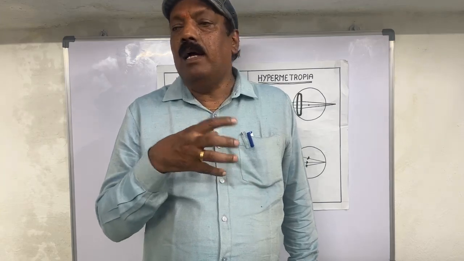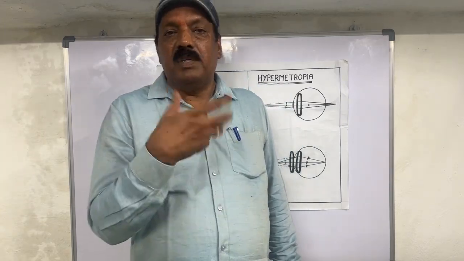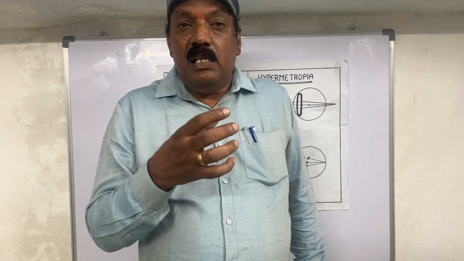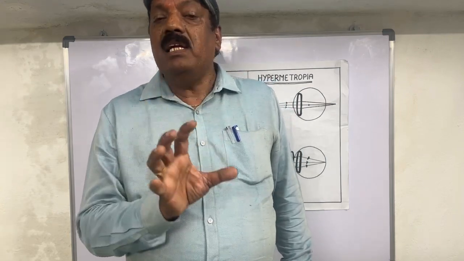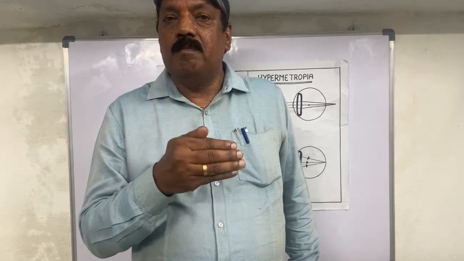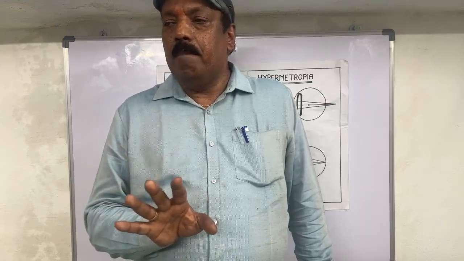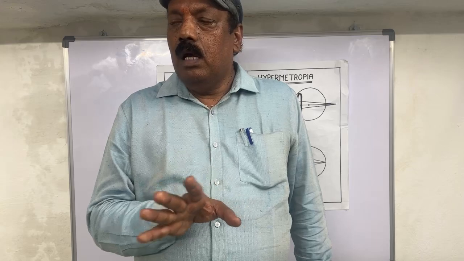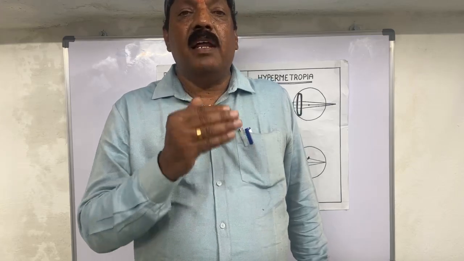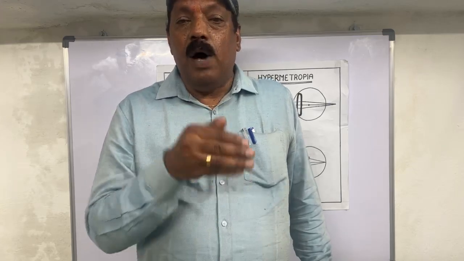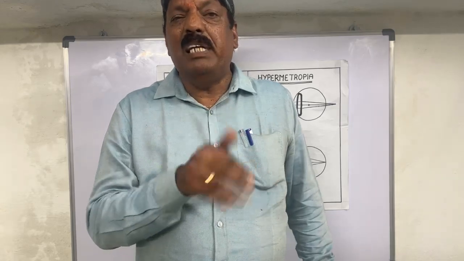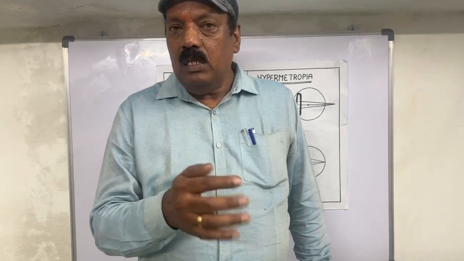On that occasion, the function of the iris, the pupil, the ciliary muscles, everything will get a break, because they need a good bit of blood supply. That blood supply is not available because of this excess aqueous humor coming there.